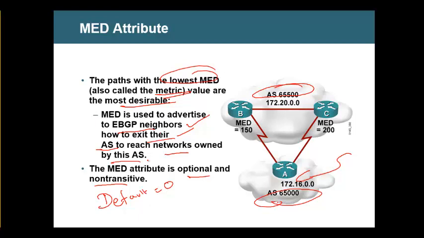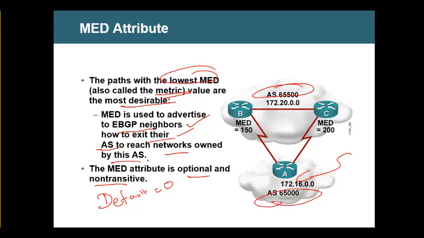When we configure MED, it is advertised to the eBGP neighbor, whereas when you configure local preference, it is advertised to all iBGP routers. Even if you have 100 routers, all 100 routers.